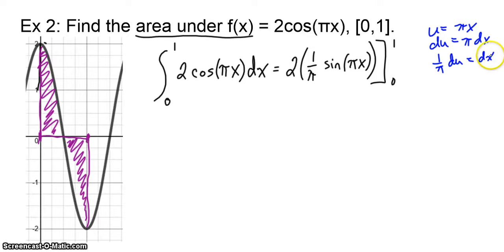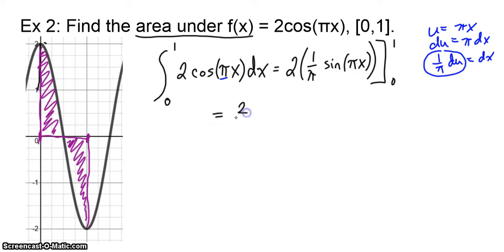Now, you can do the substitution, but I'm hoping by now we've done enough that if you have a constant times the variable, when you do that substitution, you're going to be dividing by that constant each time. Now, if it's already there, if this was pi instead of 2, I'd have the pi dx and be done. So you don't need the substitution. Let's put it this way: I don't require it. You may need this for yourself, but I don't require that if you can see that.